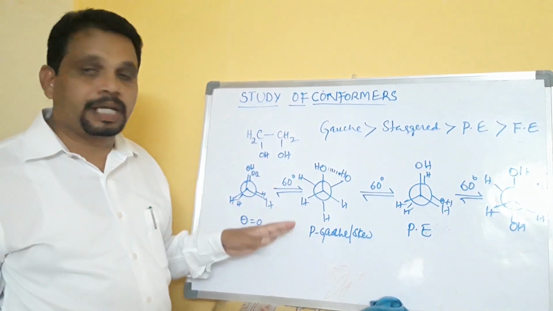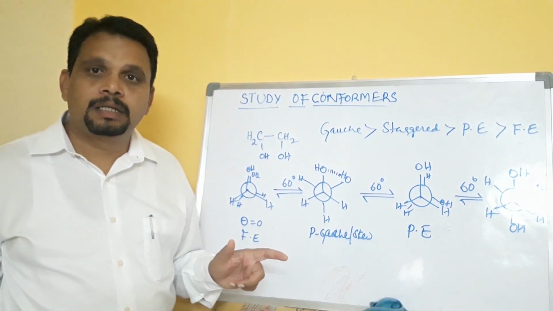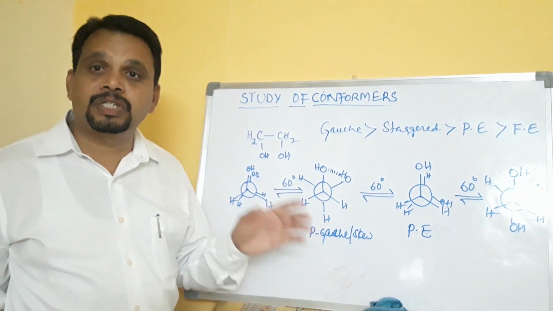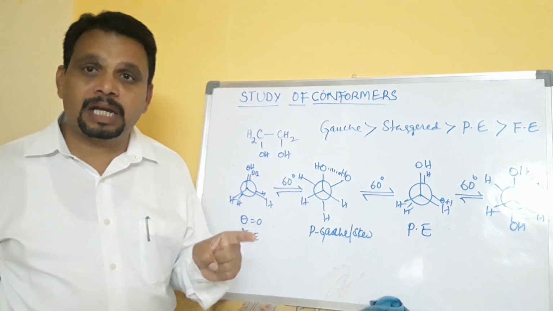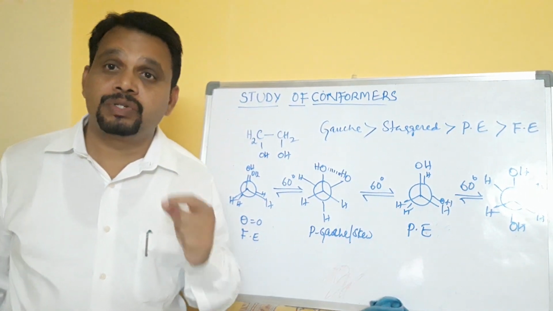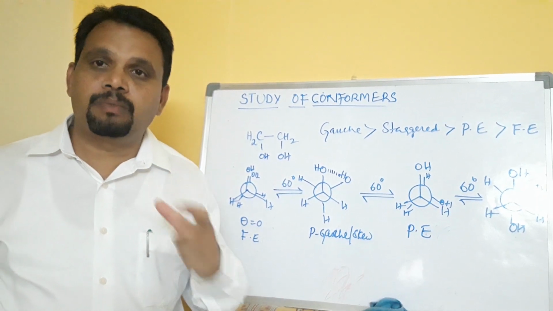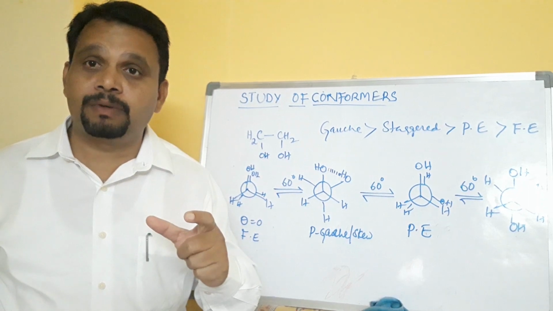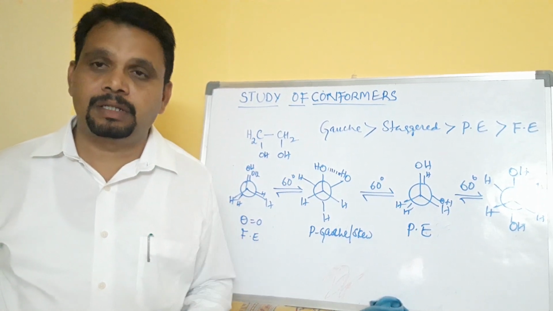Okay, in this case, in ethylene glycol, the reason why the Gaussian or skew conformer is more stable than the staggered or the remaining conformers is hydrogen bonding. Hydrogen bonding plays a major role, which contributes to that conformer's stability.